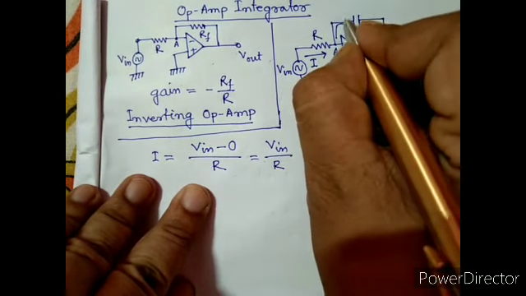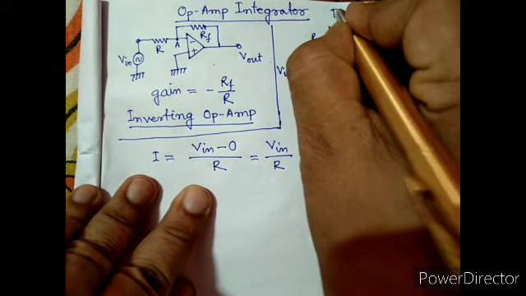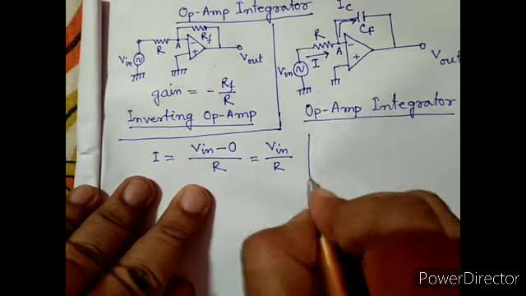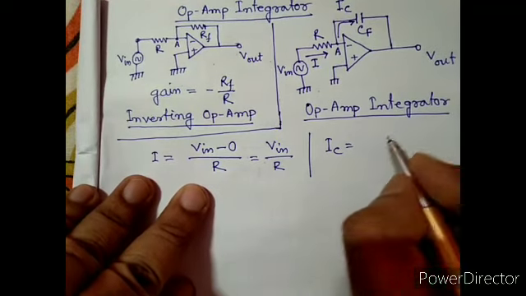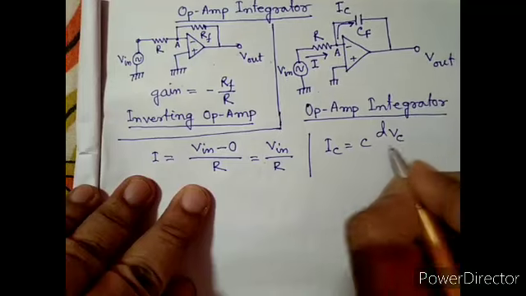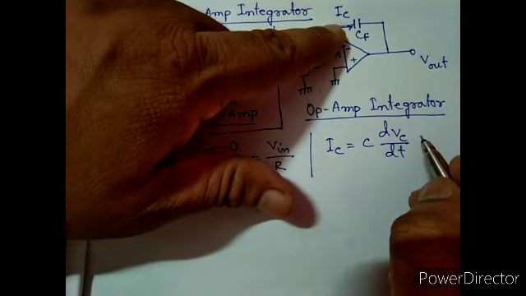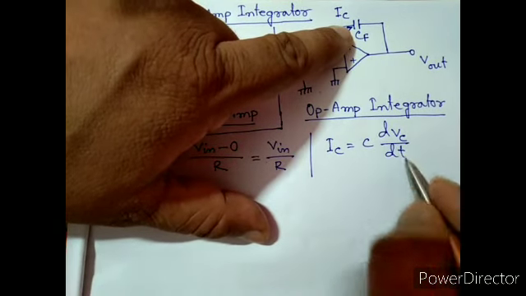If I name the current passing through the feedback capacitor IC, then IC equals C dVc by dt, where Vc is the potential across CF. How are we getting that?